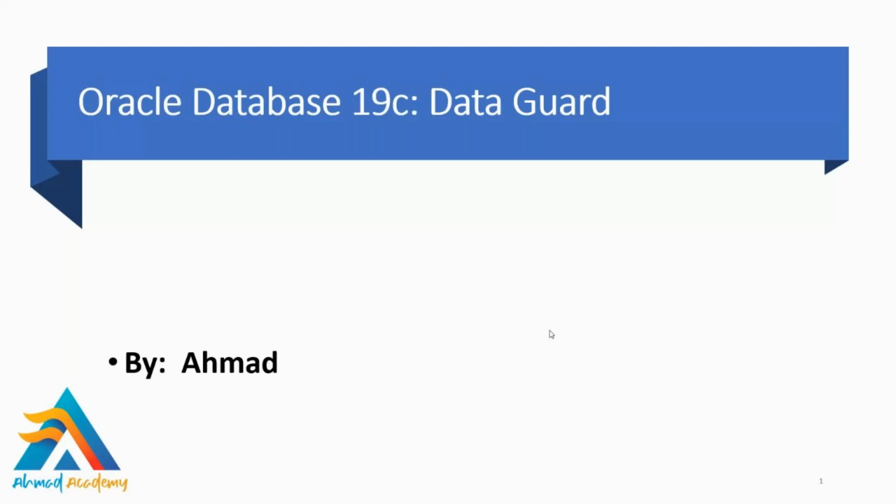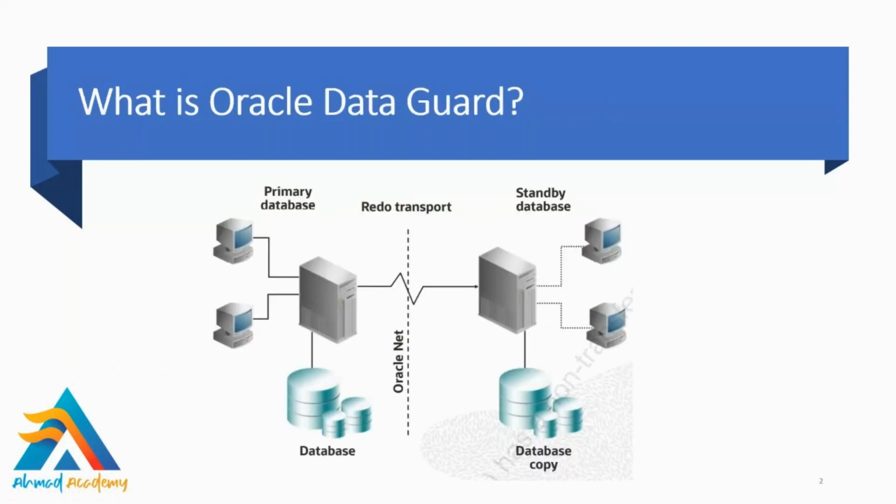Okay, no issues. So this is the diagram of Oracle Data Guard architecture. As you can see, on the primary side you have production, and on the standby side you have a database copy.